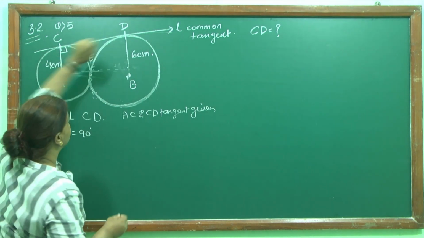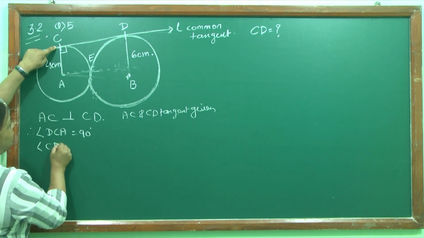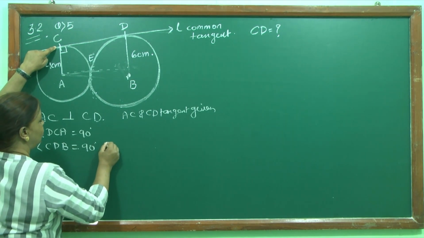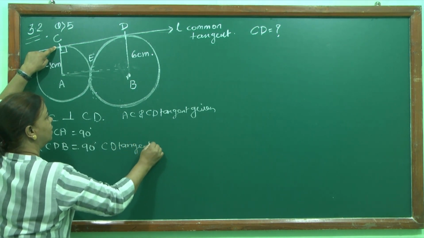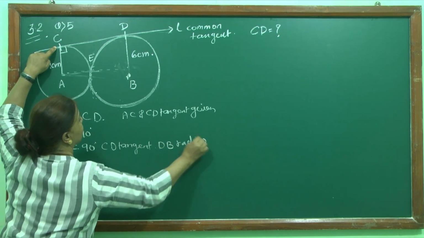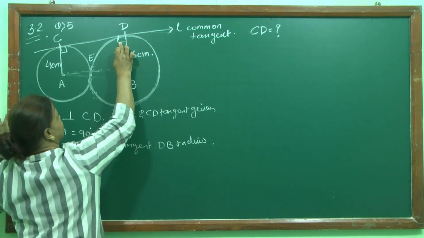Now in this angle CDB is also equal to 90 degree. Why? Because CD is tangent and DB is radius. This is 90 degree, this is 90 degree.